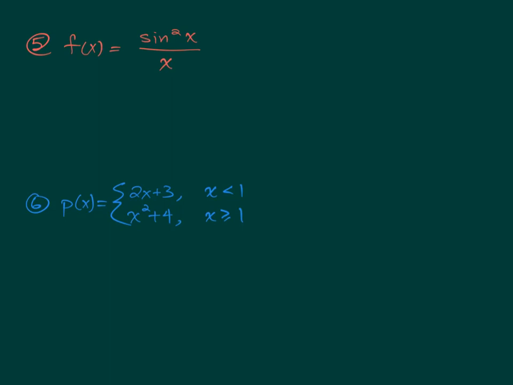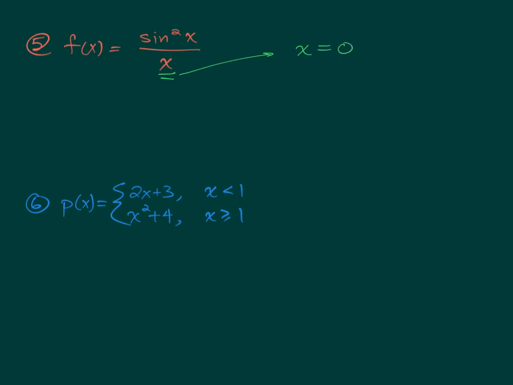In this next example, we have f of x equals sine squared x over x. And again, we look at the denominator to guide us to where the discontinuities are. And if you set the denominator equal to 0 and solve for x, you will see that the discontinuity is at x equals 0.